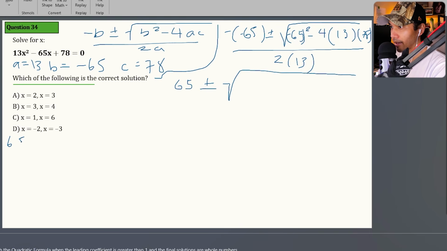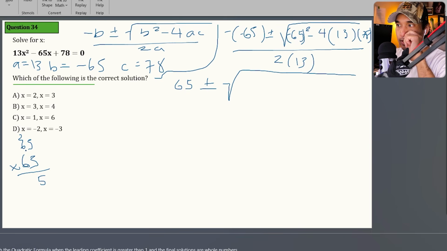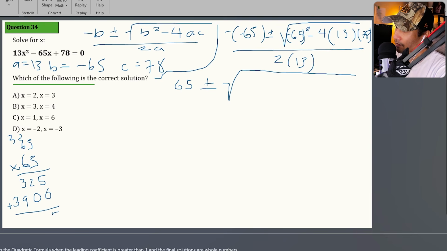Then we go 65 plus or minus the square root of 65 times 65. Let's just work that out. 65 times 65. 5 times 5 is 25, carry the 2. 5 times 6 is 30, plus 2 is 32. Then 0, and then 6 times 5 is 30, 6 times 6 is 36, plus 3 is 39. Adding that gives us 4225.